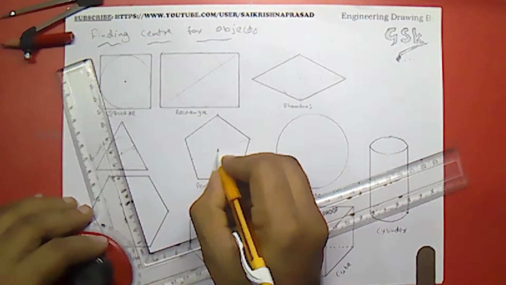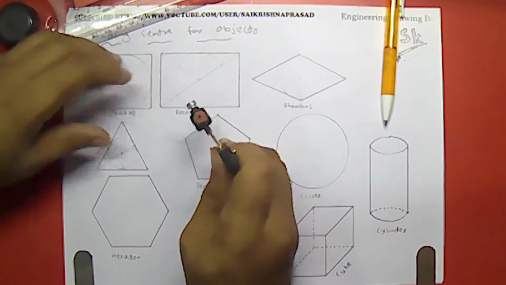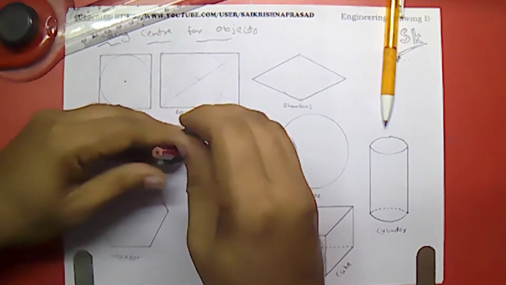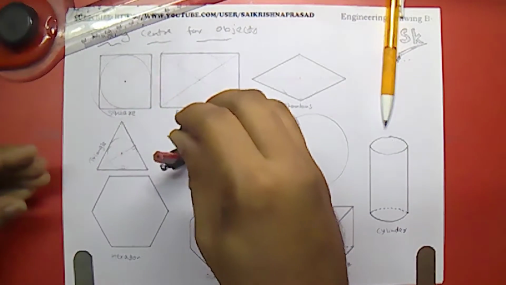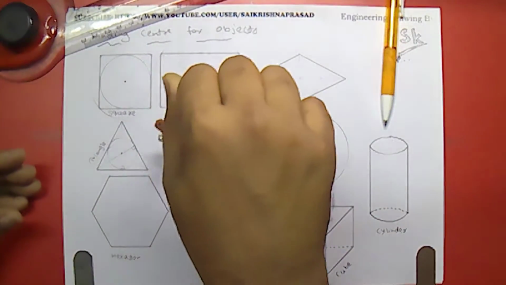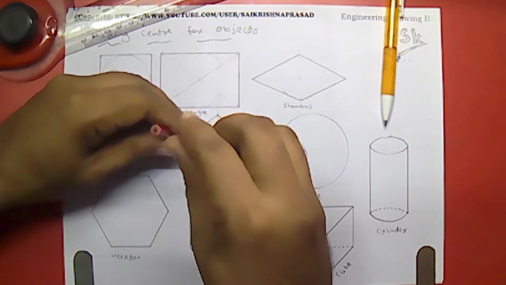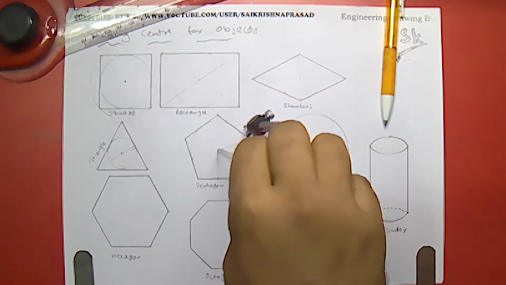This would be the center of this pentagon. And in the same manner, you can draw the circle outside of the pentagon also.